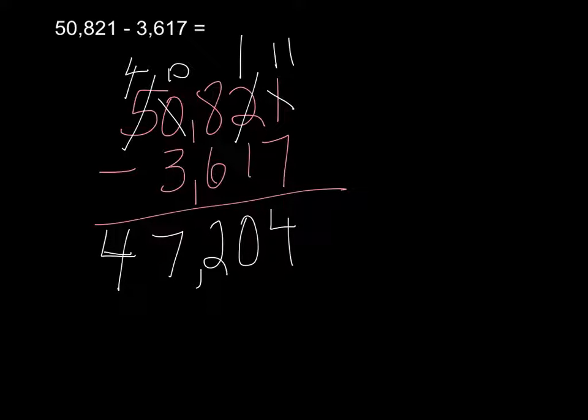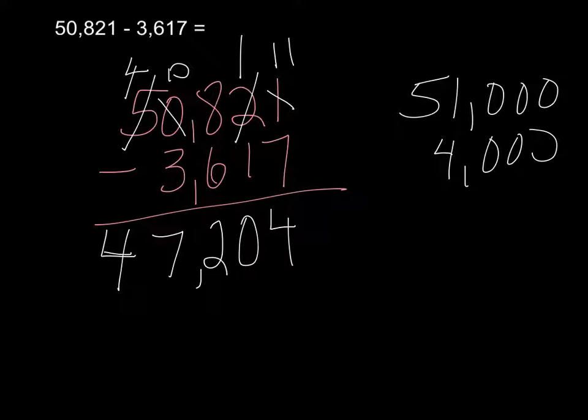So that's one way to go here. And you know what? It works. If you want to try regrouping all at once before, you can do that too. You do what works best for you, as long as you can get an accurate result. And if you're not sure how accurate it is, remember you can always estimate. So I look at my top number here and I say, 50,821 is kind of close to 51,000, and 3,617 is kind of close to 4,000.